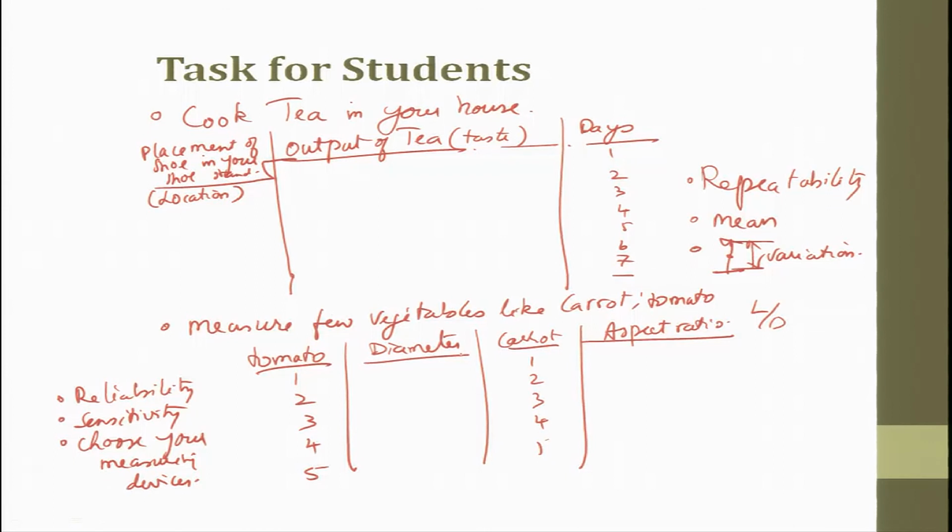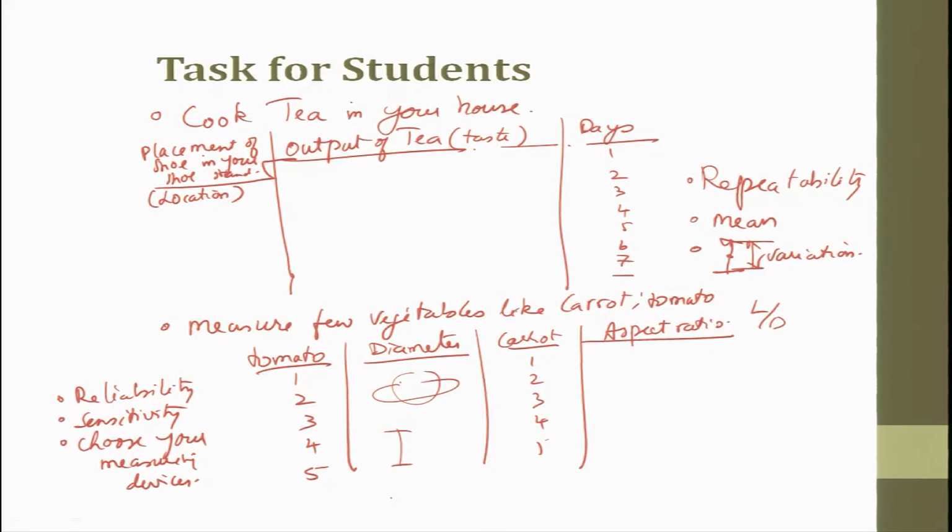And for those of you who do not have a vernier caliper, the easiest way of measuring diameter is to take the tomato, take a rope or a twine, wind it around, snip it off and then measure the length. So, you have the length, and from here you can find the diameter. You can do this and try to understand.